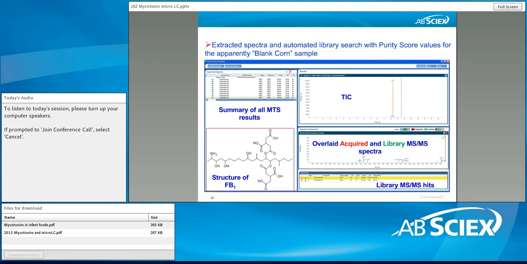The software will automatically compare this acquired MS/MS spectrum with a library MS/MS spectrum. In this case, that means with a single injection you get screening, MRM quantitation, and also you can use the library to identify compounds in your sample. This is just one example.